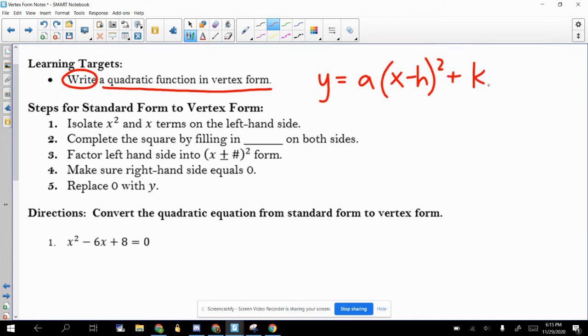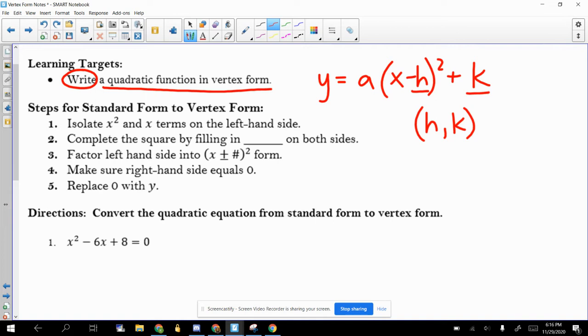Okay, so you have probably seen this before, but we're going to focus on this form and the h and the k because that is what is going to be your vertex. And we'll talk more about that in a couple videos later this week.